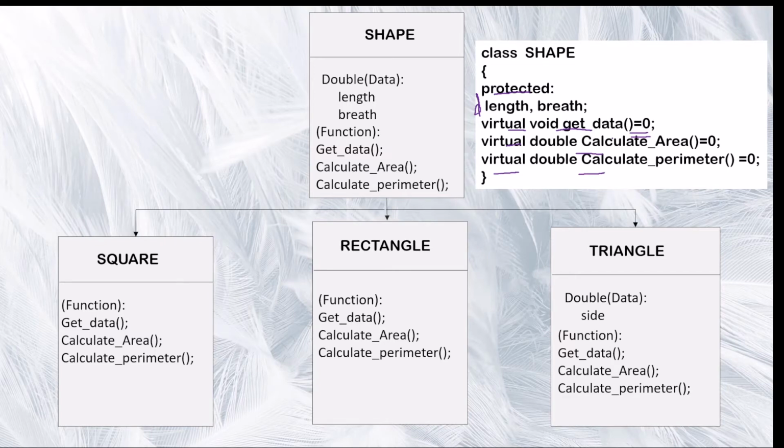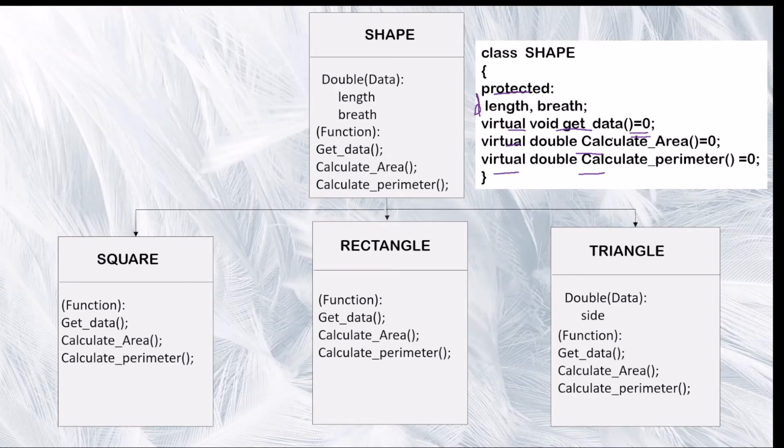So it informs the compiler that this function doesn't have any body. It has only a declaration. The base class has only declarations. All the definitions are in the derived class. So this is the information for a base class. The term we are using here is pure virtual function.